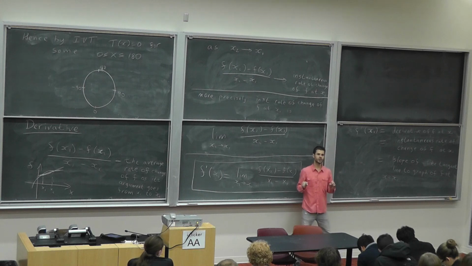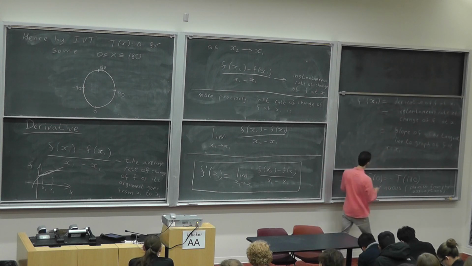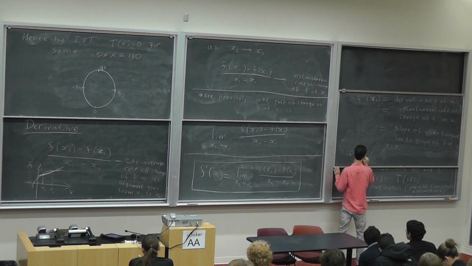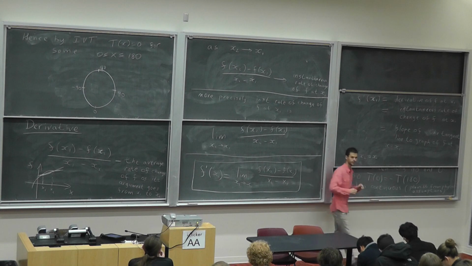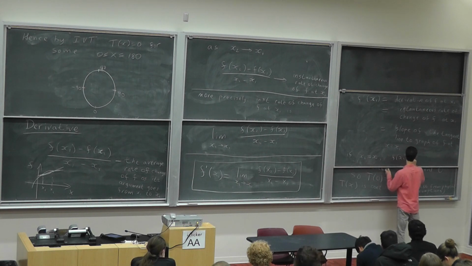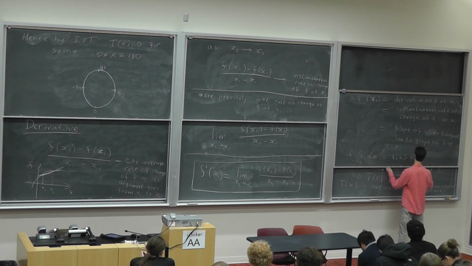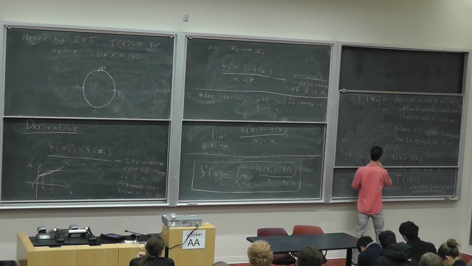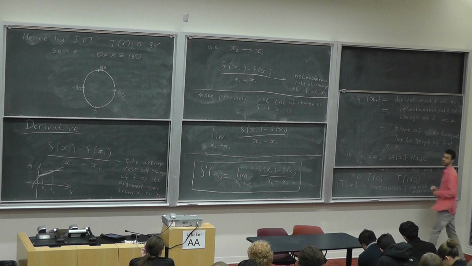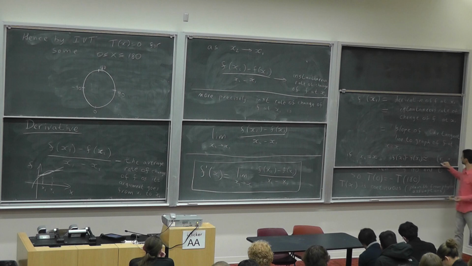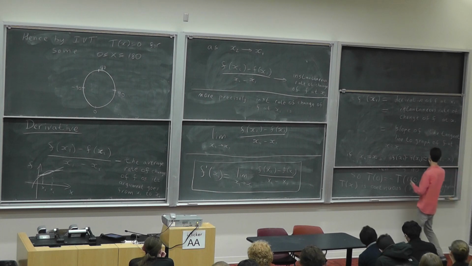And finally, one last thing. If x2 is approximately equal to x1, then the change in the value of the function, f of x2 minus f of x1, is approximately proportional to the change in the argument, and the coefficient of proportionality is exactly this number.